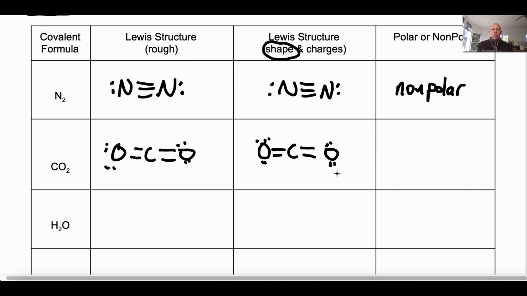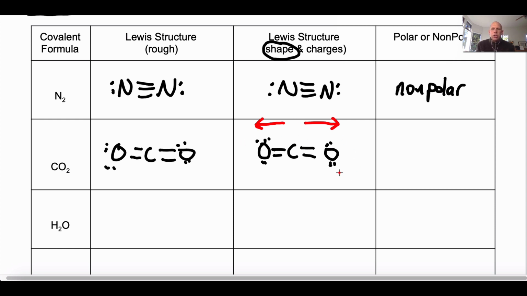There is a dipole arrow pulling in one direction because O pulls harder than C, and another dipole arrow pulling in the other direction because O pulls harder than C there too. Both pull with an equal amount in both directions, so there's no net movement on this molecule.